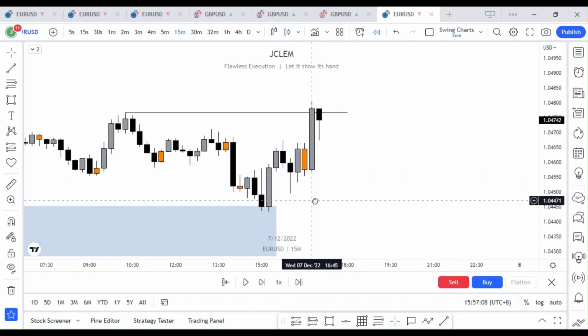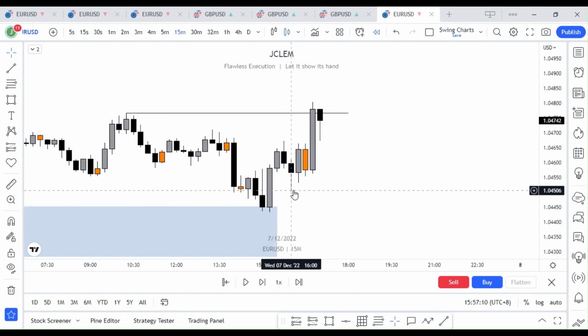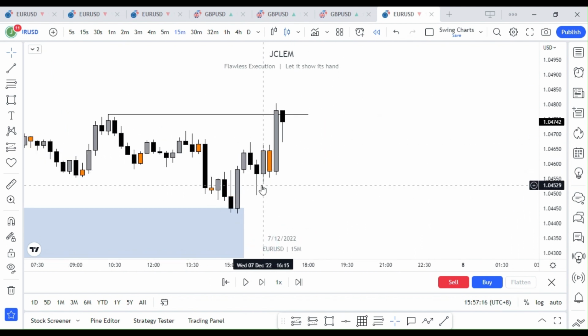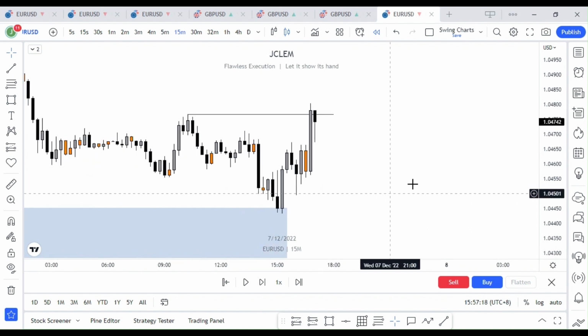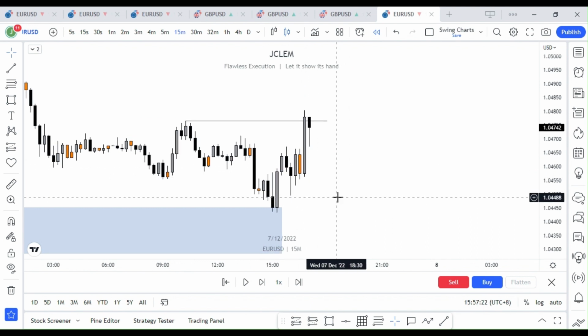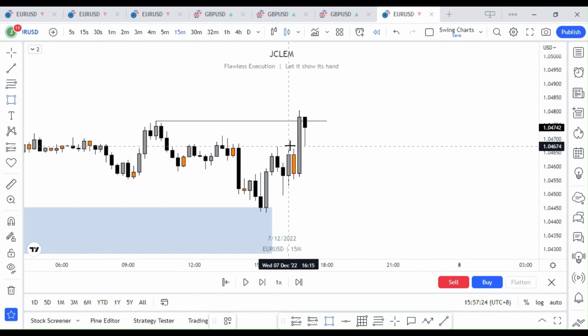Now, this is mitigated, right? We come back and we fill these orders down here with this big wick, which then pushes up. And all of these wicks trade higher than one another. So there's no actual internal run on liquidity here that we want to trade from other than this inside bar.